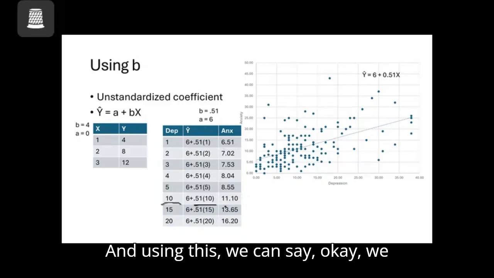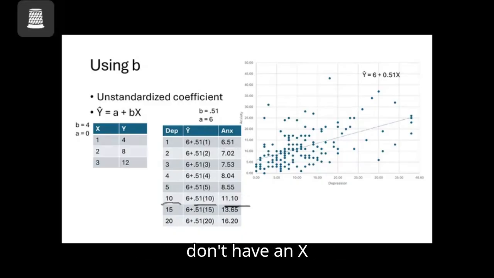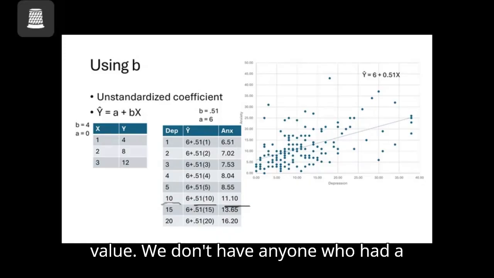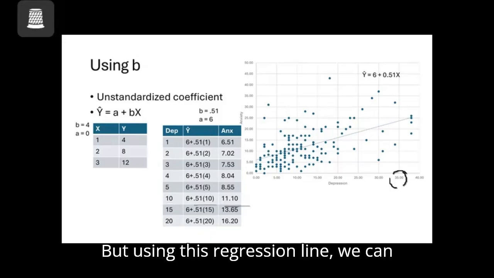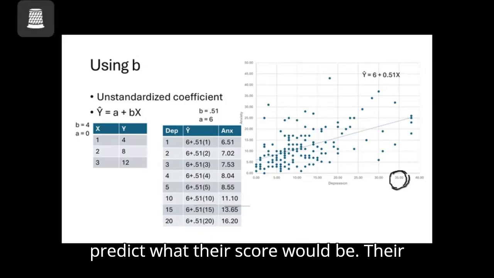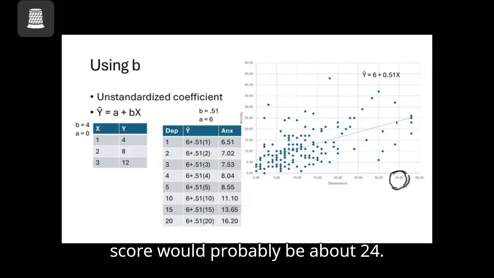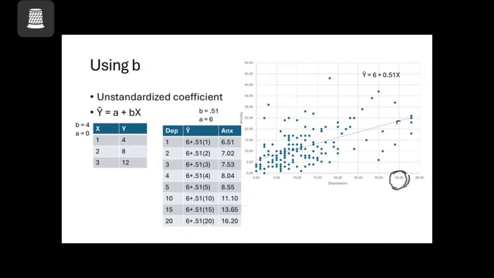And using this, we can say, okay, we don't have anyone who had a depression score of 35. But using this regression line, we can predict what their score would be. Their score would probably be about 24. And this allows us to predict scores.